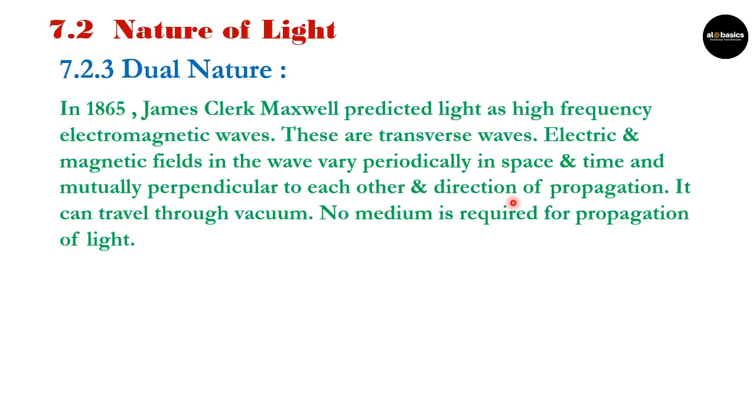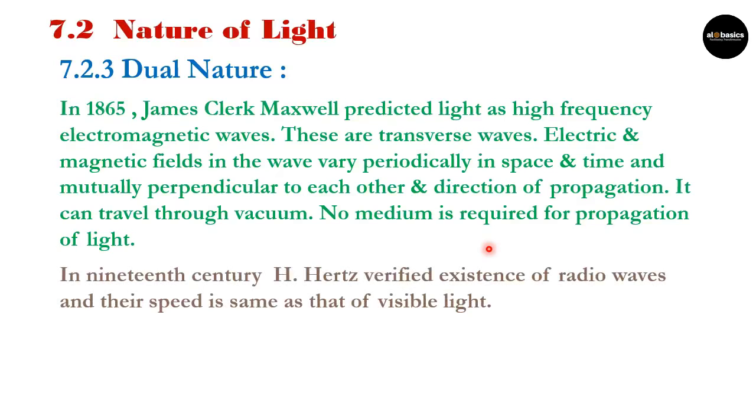Again, he said that these waves can travel through vacuum. No medium is required for propagation of light. Now this was observed in the late 19th century. Again, in the late 19th century, there was a scientist Hertz who verified the existence of radio waves.